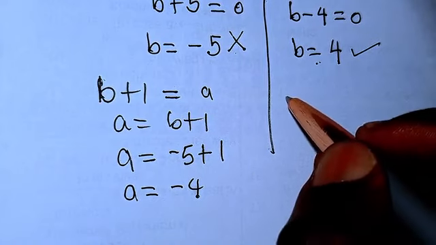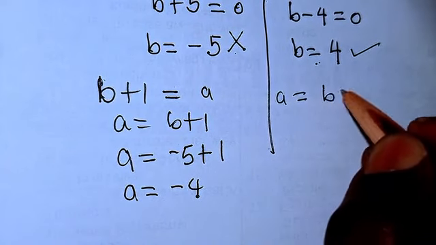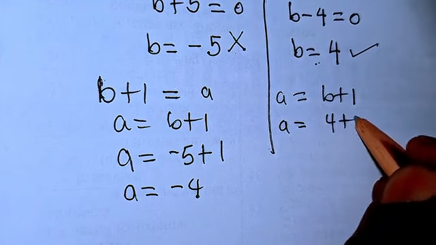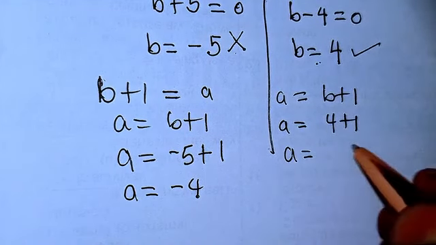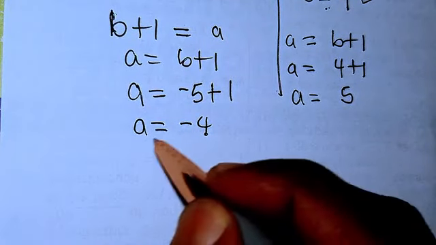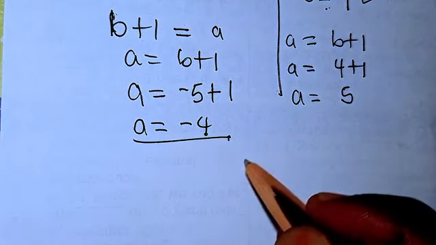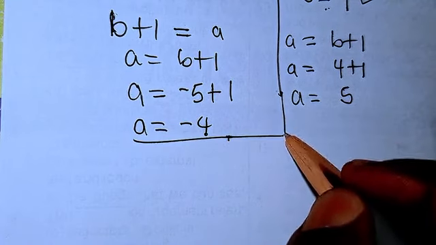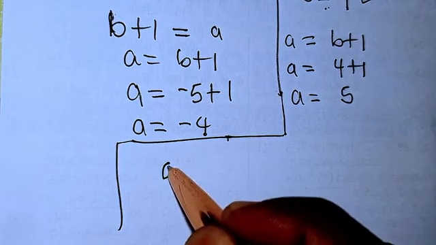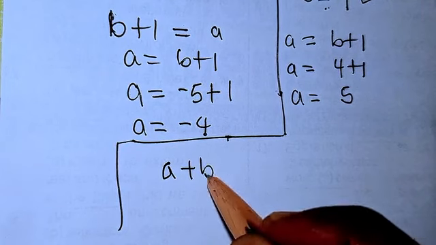Since b equals 4, we have a equals b plus 1, so a is 4 plus 1, which is 5. Now what they ask us to find is a plus b.